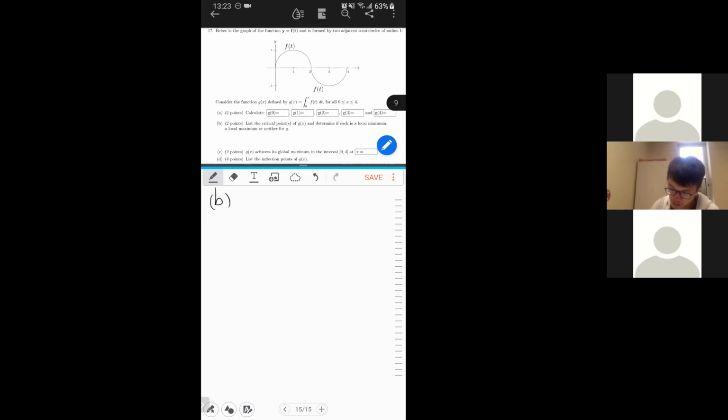Part B. List all the critical points of g of x and determine which one is the local min and which one is the local max for the function g. So remember that g of x is this guy. How do I find critical points?